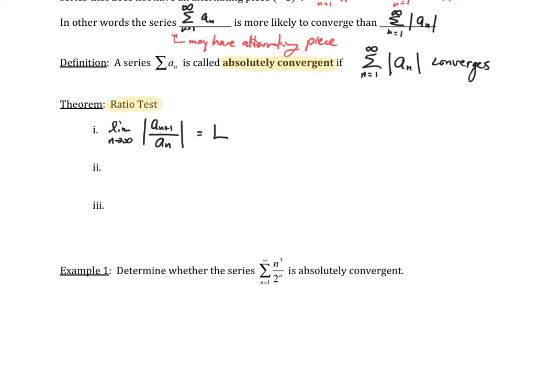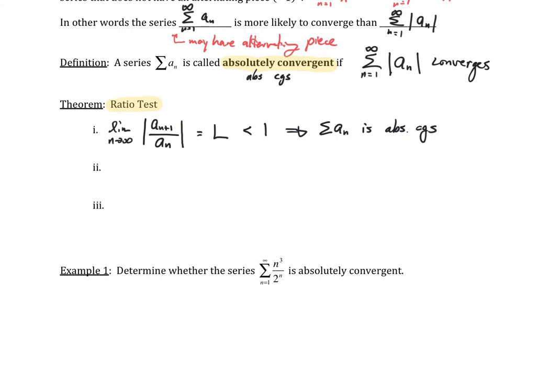Now let's say that limit was less than 1. If that limit was less than 1, then this means that your original series a_n is absolutely convergent. I'm kind of lazy, so I write ABS CGS to mean absolutely convergent.